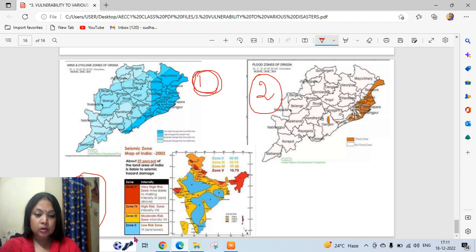Zone 2 is a low risk zone, zone 3 is moderate risk, zone 4 is a high risk zone, and zone 5 is very high risk. Some part of our state Odisha comes under zone 3.